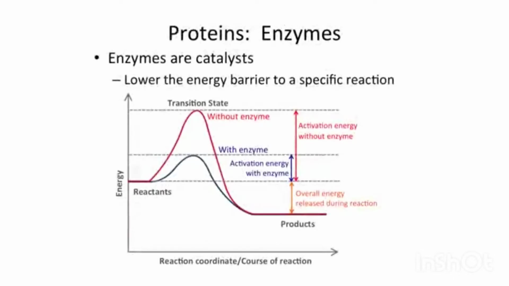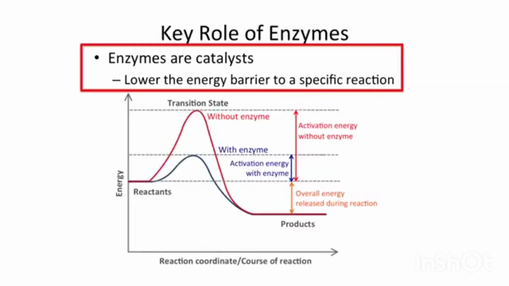We've talked about the fact that proteins bind and that that's part of their function to bind. Enzymes are proteins that not only bind, they catalyze. They lower the energy barrier for a specific reaction.